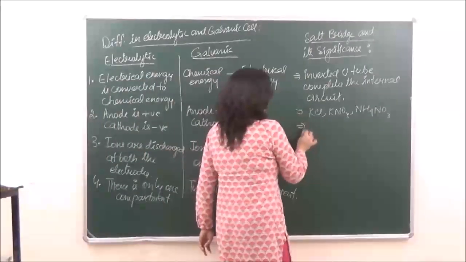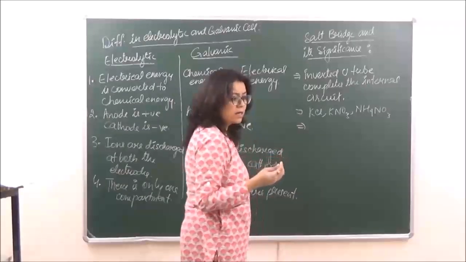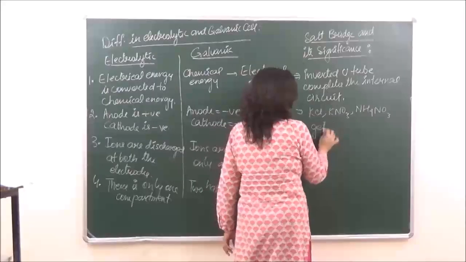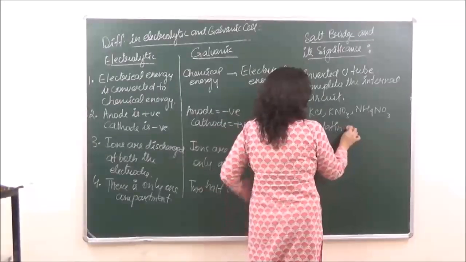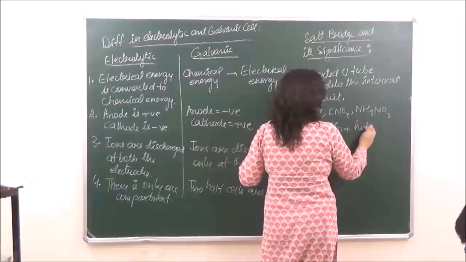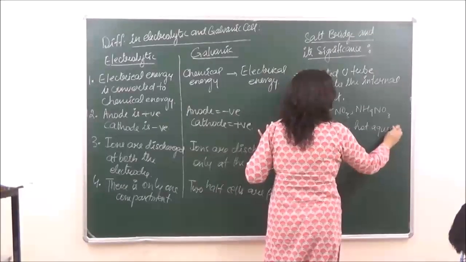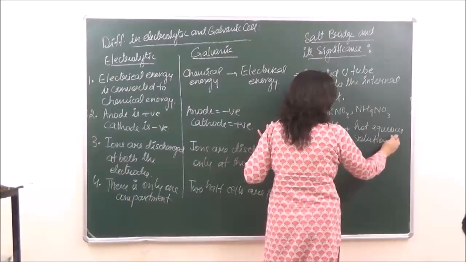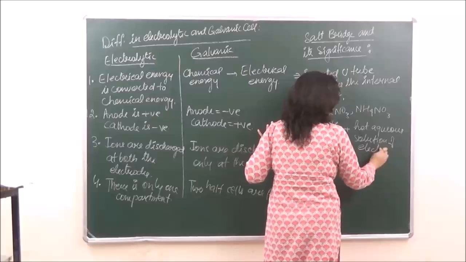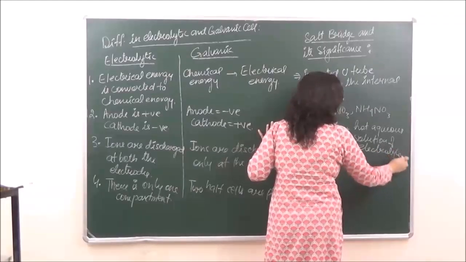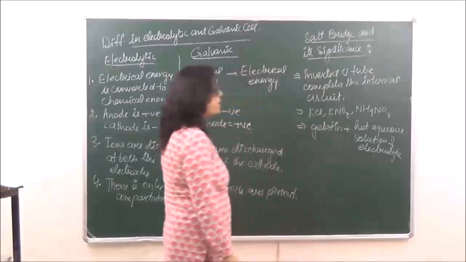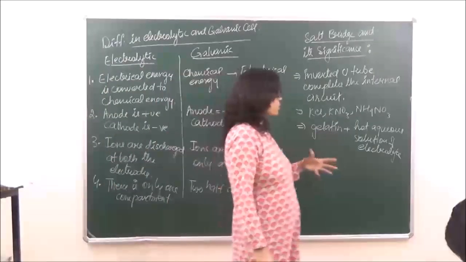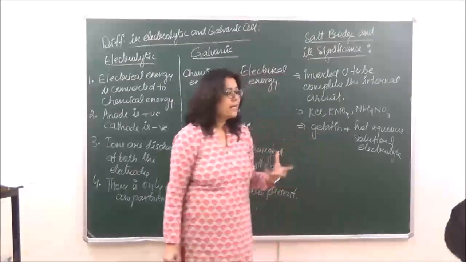We take agar or gelatin and mix it with a hot aqueous solution of the electrolyte. The electrolyte may be KCl, KNO3 or NH4NO3, either of the three. We mix till it forms a jelly-like substance.